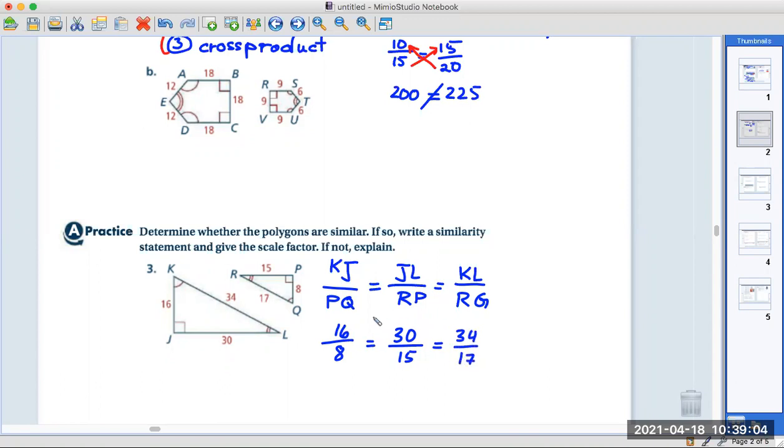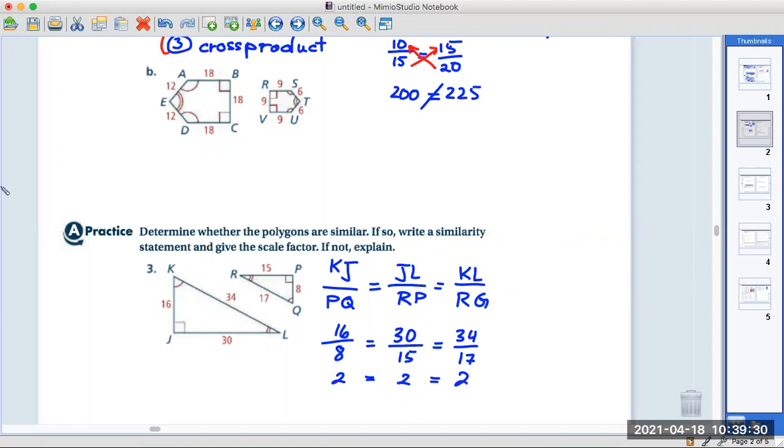Notice that the bigger triangle is always twice as much. The numbers are exactly, so this, yes. So my conclusion, so this turns out to be 2, and this turns out to be 2, and this turns out to be 2. Use your calculator and divide. 16 divided by 8 is 2, 30 divided by 15 is 2, 34 divided by 17 is 2 as well.